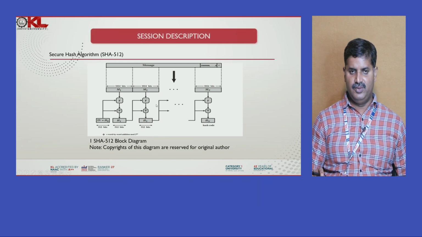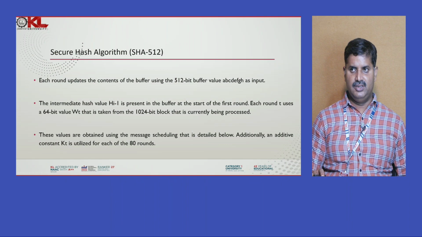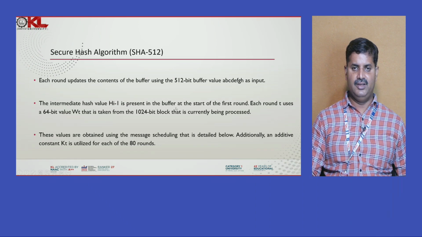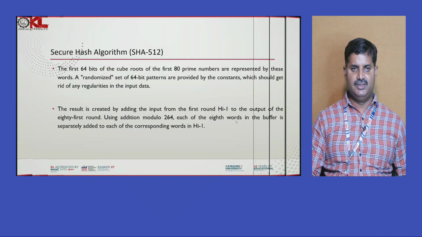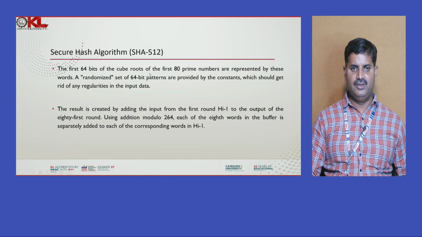Each round updates the contents of the buffer using the 512-bit buffer values A, B, C, D, E, F, G, H as input. The intermediate hash value Hi is present in the buffer at the start of the first round. Each 64-bit word is derived from the cube roots of the first 80 prime numbers.